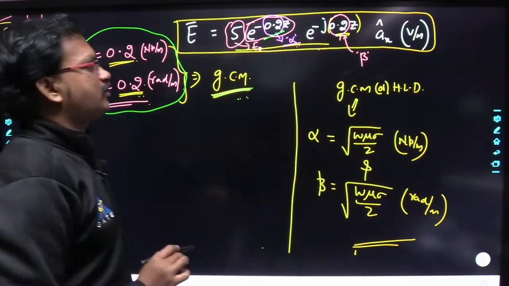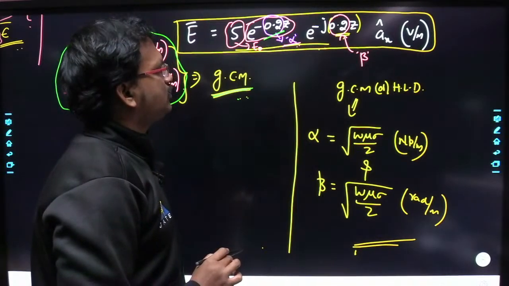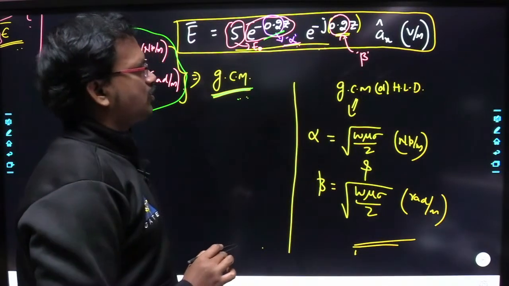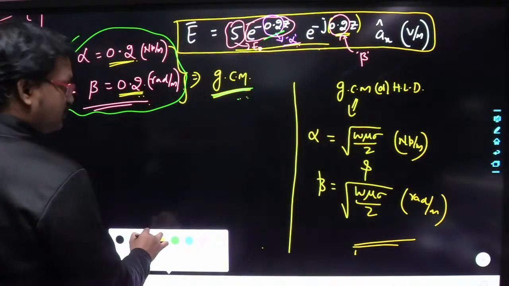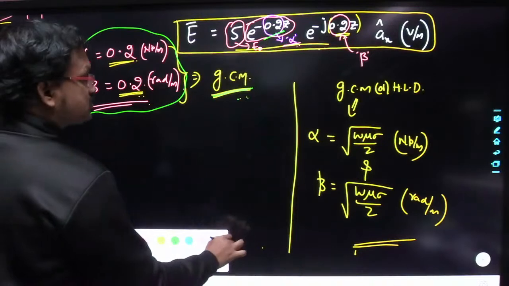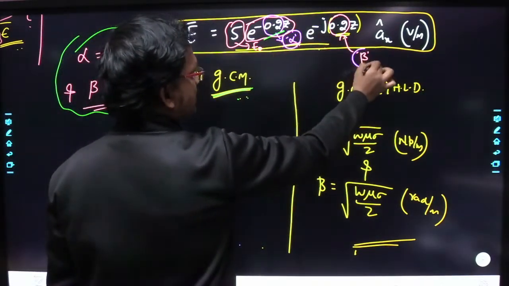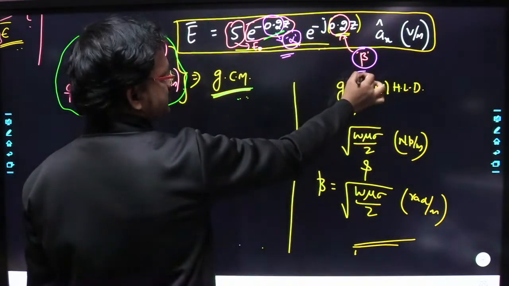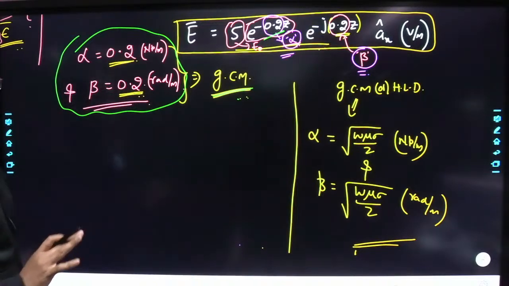There is no other way here; you have to follow this one only. Here this value is alpha and this is beta. The alpha value will be the same as the beta value only in case of a good conducting medium. So that's what you have to identify from this.